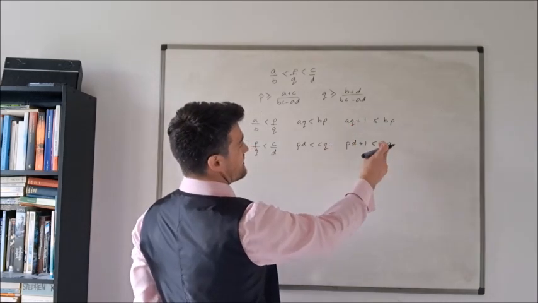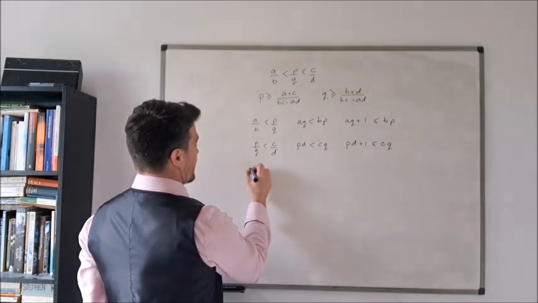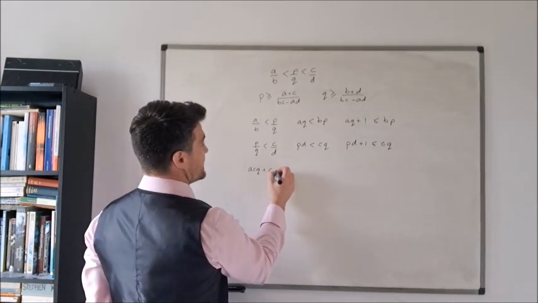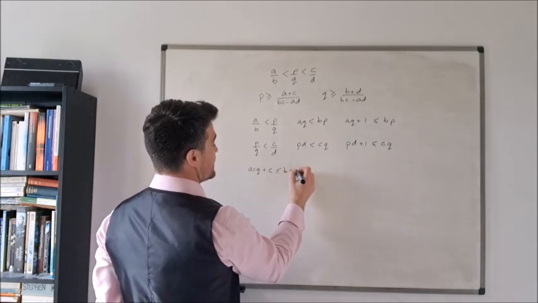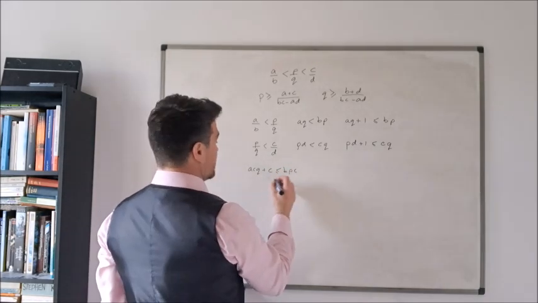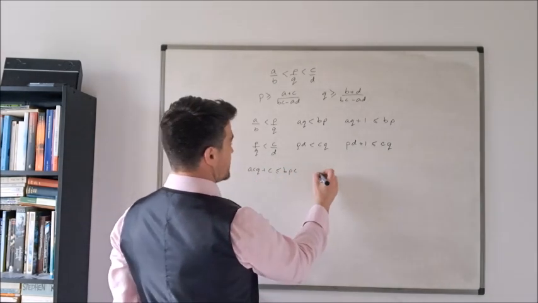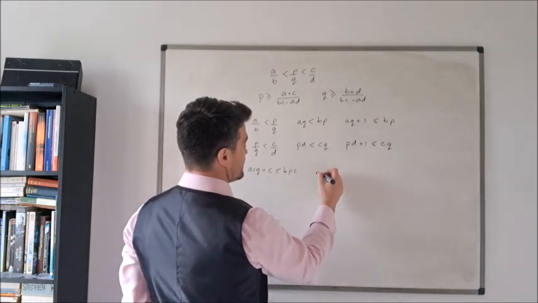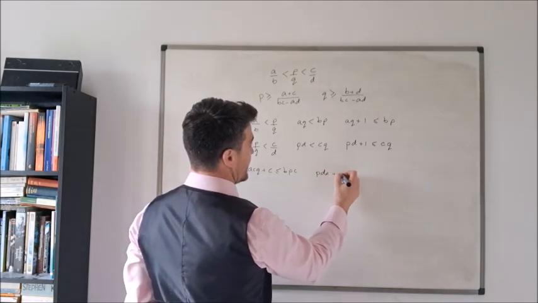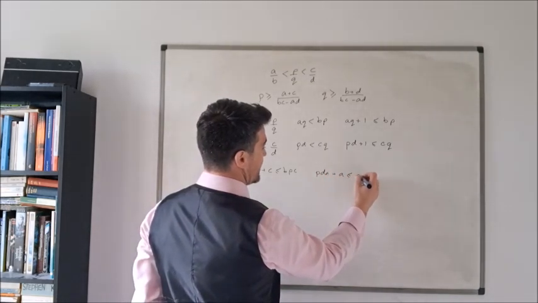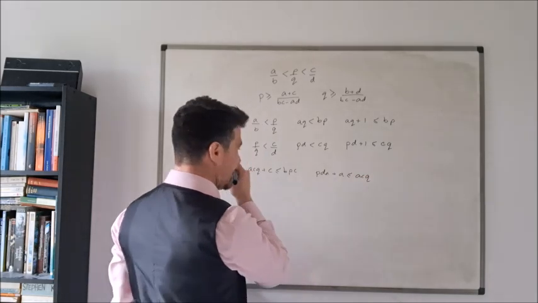Well, I've got A here and I've got C here. So ACQ plus C is going to be less than or equal to BPC. And also PDA plus A is going to be less than or equal to ACQ.